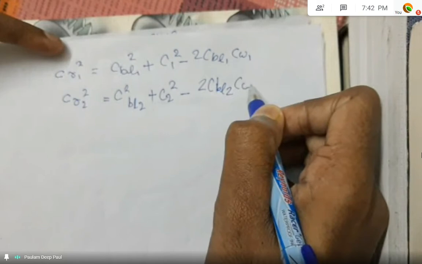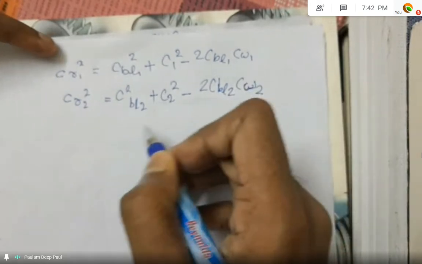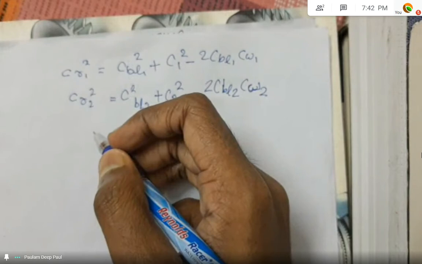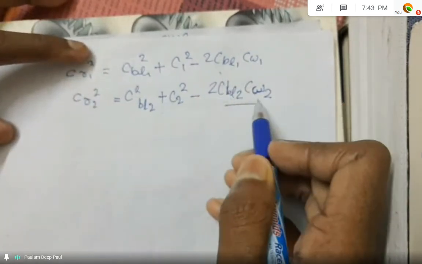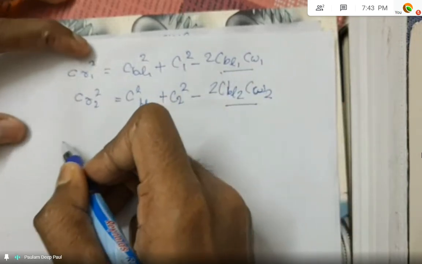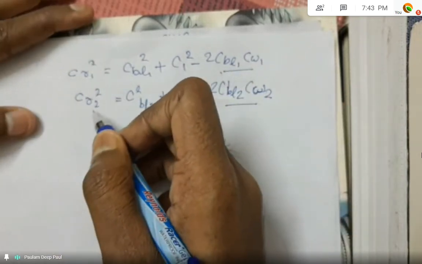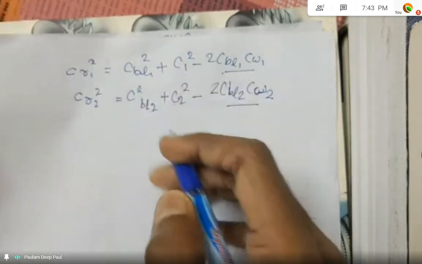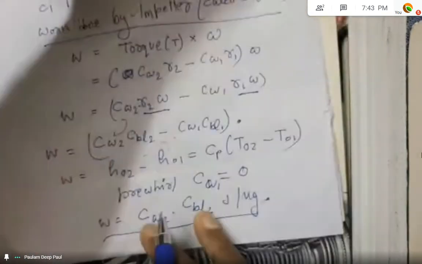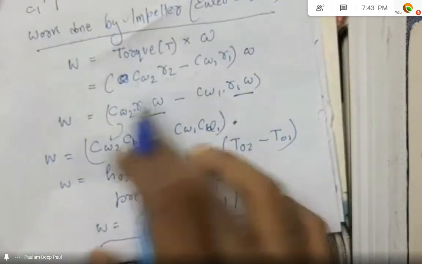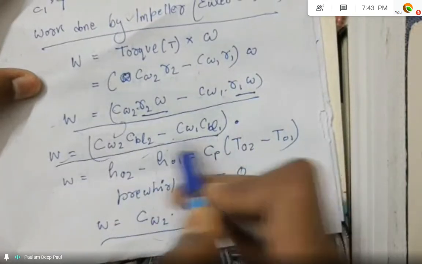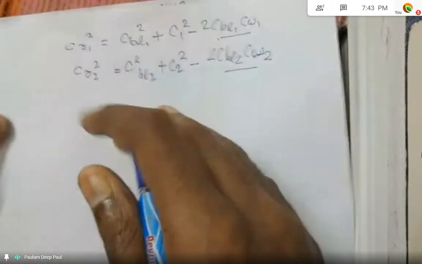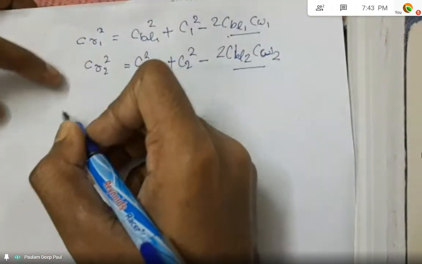CBL2, CW2. Now, inserting the values for CBL2, CW2, CBL1 and CW1 from the above expressions into the master equation that we got, this one, we get Euler's expression for work done.